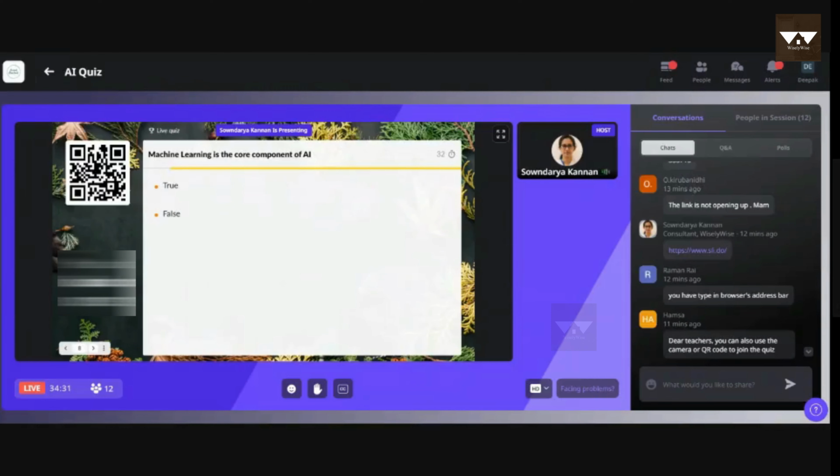It's a true or false. It's pretty easy. Machine learning is the core component of AI. So you can choose one. I know this is easy for you all.